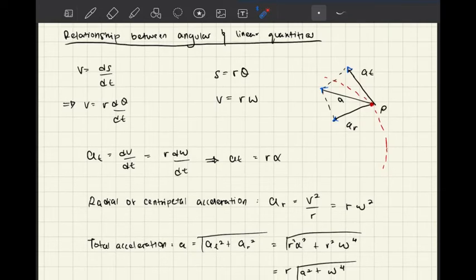In this particular topic, we imagine this is a side of the circle, the arc, and a_t stands for acceleration on the tangent, going sideways like this, and a_r means the radial or centripetal acceleration, going this way.